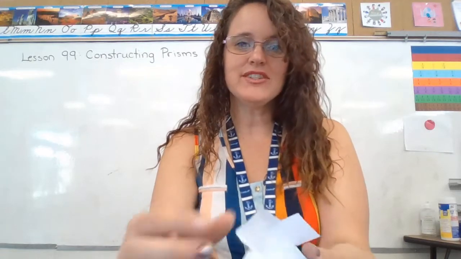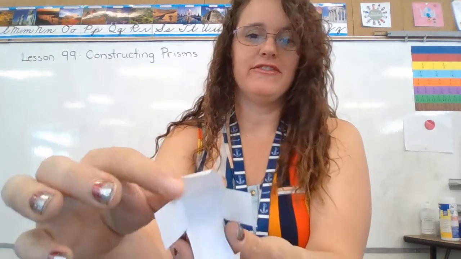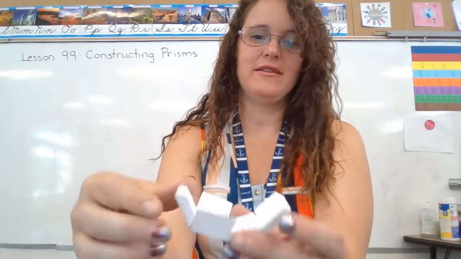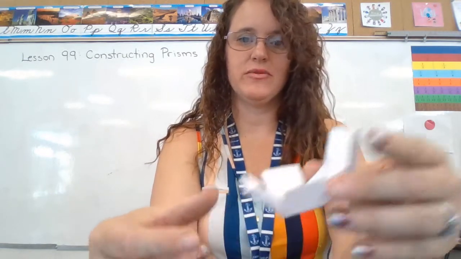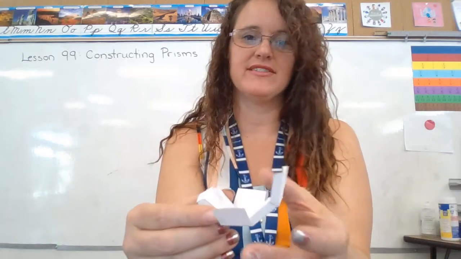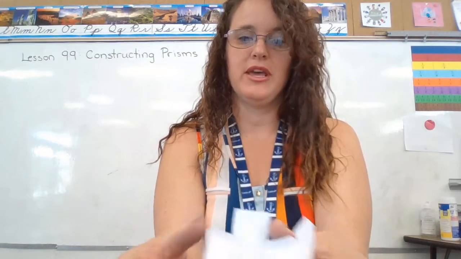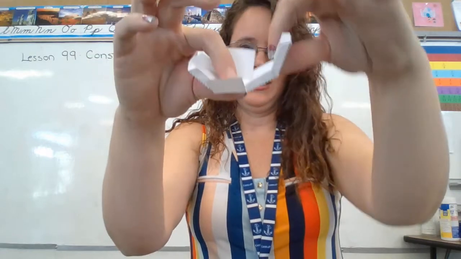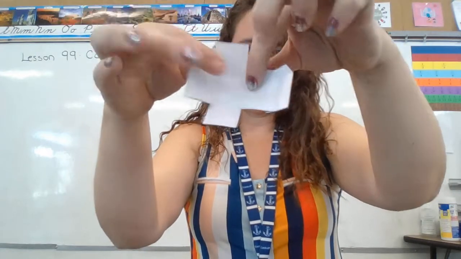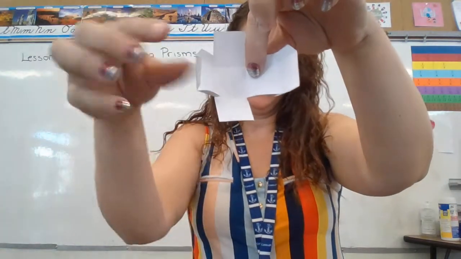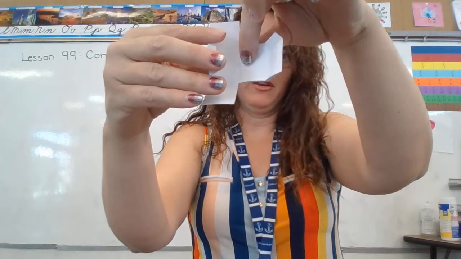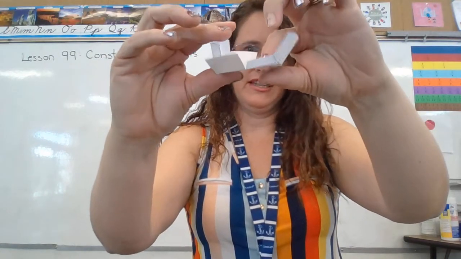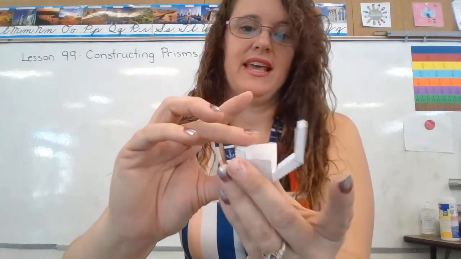Okay, so I like to have these little flaps on the inside because I just think it looks neater when I put it together. It doesn't matter if they're on the outside, you're still going to end up with a cube. Here we have two, and here I have one, and then here I have my wings, right? So I'm going to take this flap and hold it perpendicular to the bottom, to my base.